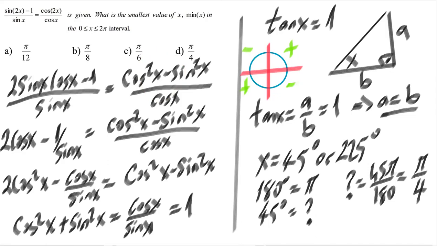So first, what I did is I just used double angle formulas to expand sine 2x and cosine 2x. So these are the formulas for sine 2x and cosine 2x. You may check from the internet double angle formulas for trigonometric functions. So after that, we did a cross product.